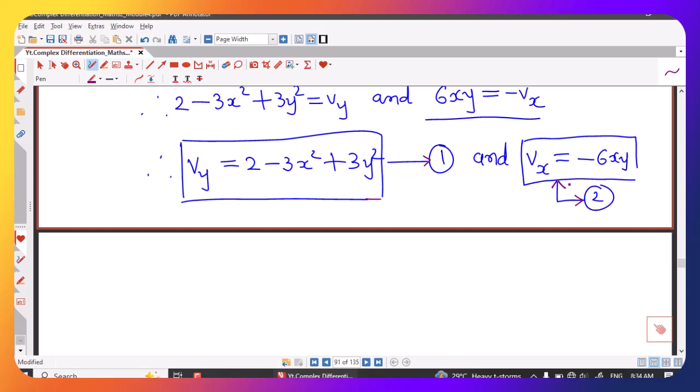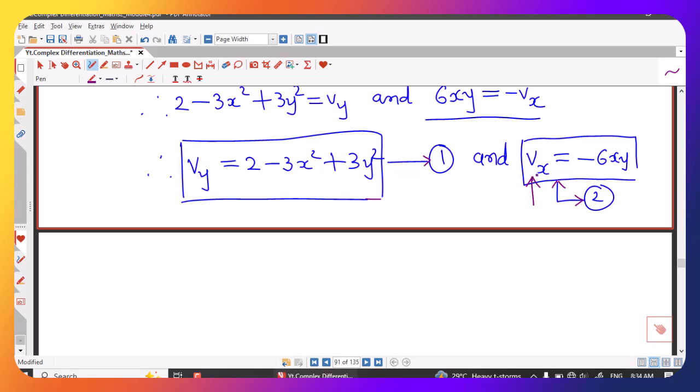We know that differentiation and integration are reverse processes, or inverse processes, of each other. So if we want to obtain a function from its derivative, then we have to integrate the derivative with respect to that variable. But here the derivatives are partial derivatives. Here we have del v by del x.